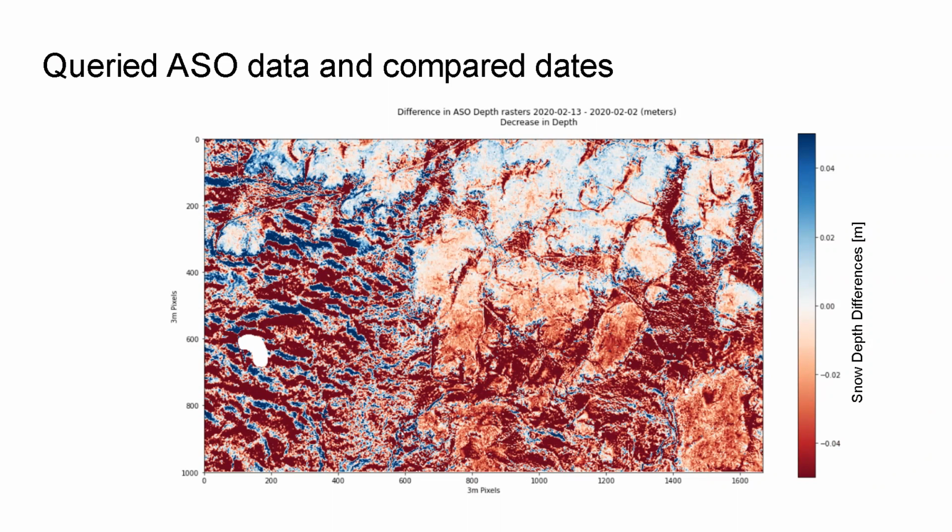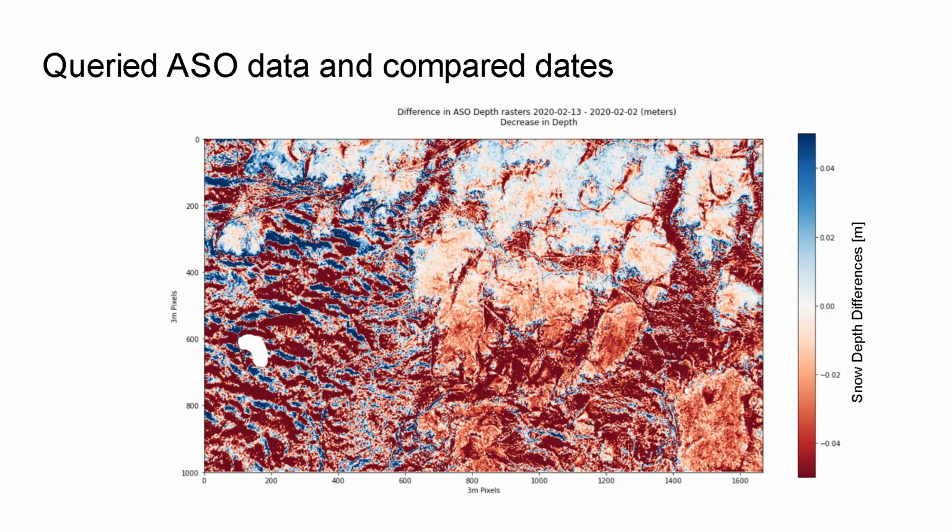So one of our first steps here was using a tool we learned early on this week, going in and just querying the available dates for ASO. Once we had those from February 2nd and February 13th, we made this data product to visualize what was going on during that time. Tate mentioned there was a storm between those dates. He was out there actually collecting the GPR data, and we were able to make a cool visual here showing that depth actually decreased across these dates.